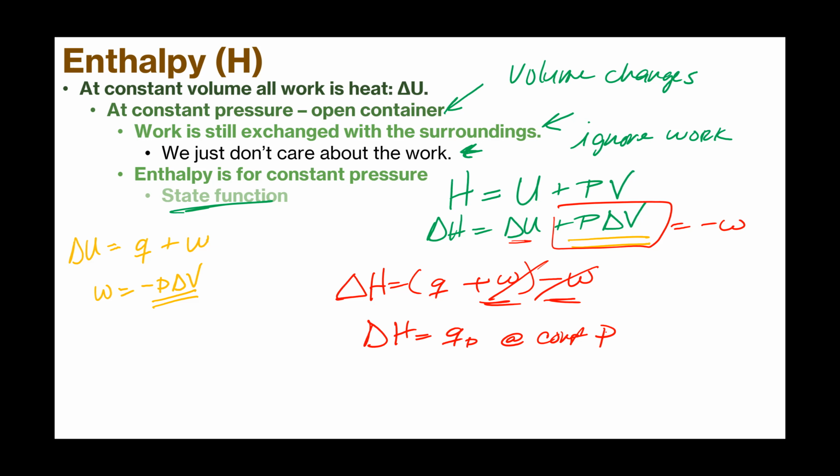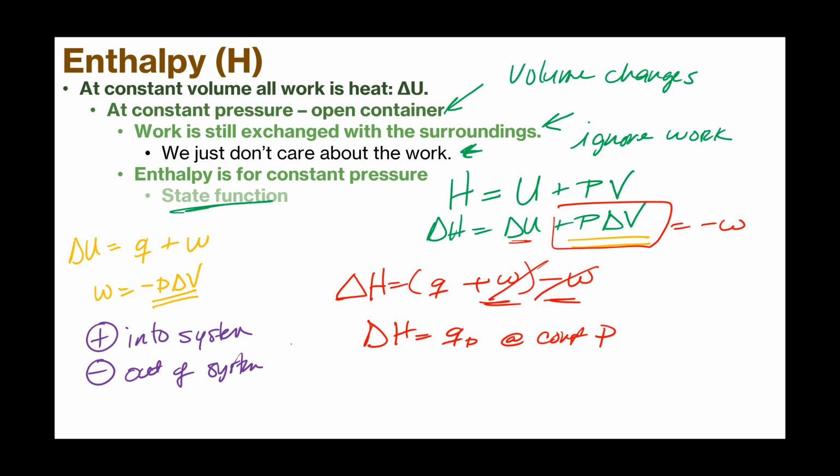Essentially what's happening here is if we do this at constant volume, we're manifesting the work as heat and measuring the total energy, or delta U. At constant pressure, we ignore the work and we measure enthalpy. This is only the heat. Enthalpy has the same sign convention that everything else does. Positive is into the system and negative is out of the system.